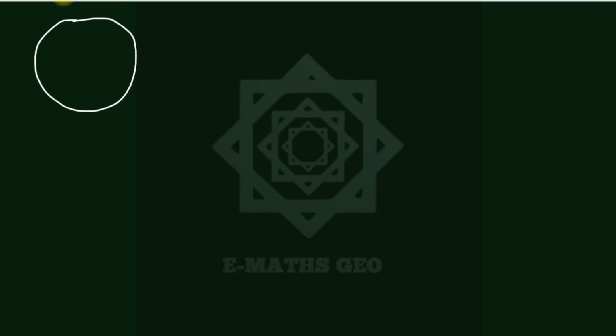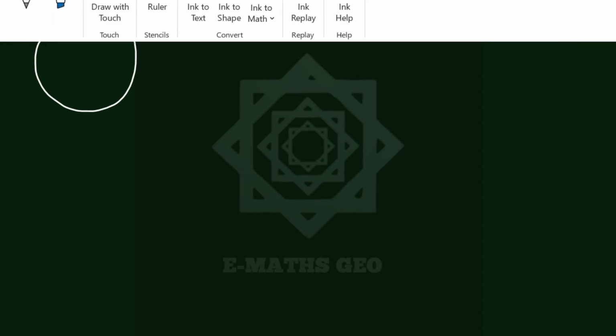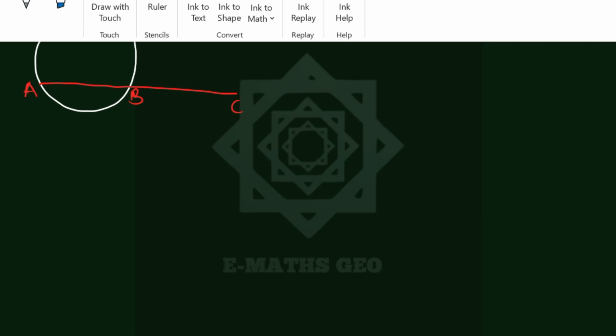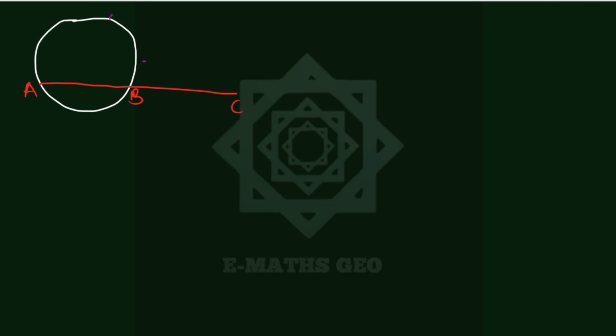If you have a circle and a secant line, a line that intersects a circle in 2 points, and we have another line which is tangent to the circle.